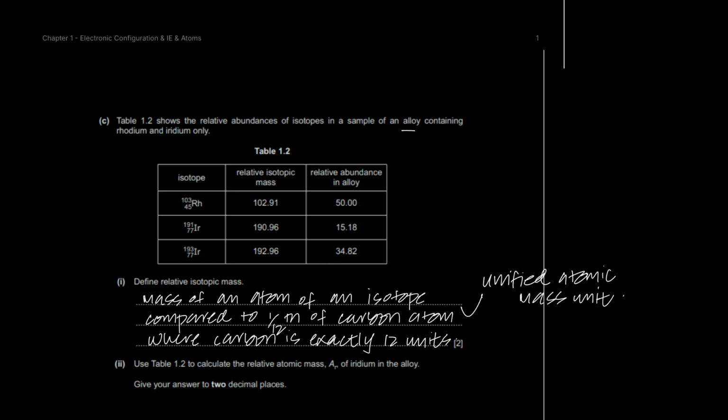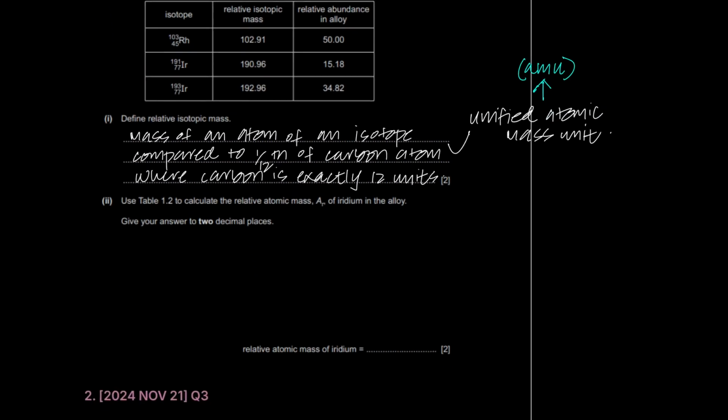Or you would have seen this in your O levels by the name AMU, atomic mass unit, but now you can also just represent it with a U. So you could have also said it's the mass of an atom of an isotope compared to the unified atomic mass unit, which is basically the mass of 1/12 of a carbon atom, where carbon is exactly 12 units. And that's how we get our 2 marks.